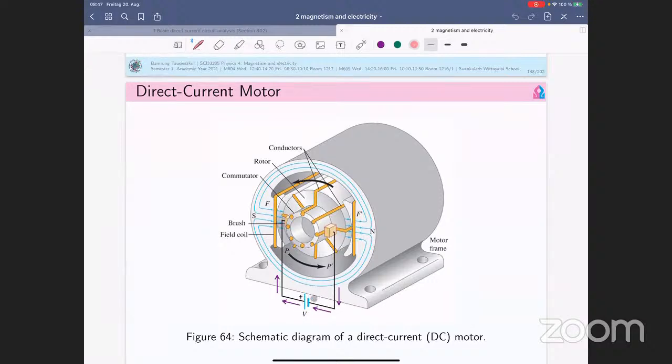Any kind of direct current source, for example the electricity from the solar cell, is fine. It's not limited to only battery, but there should be two polarities, the plus one and the negative one. We connect the plus one to the black line here.